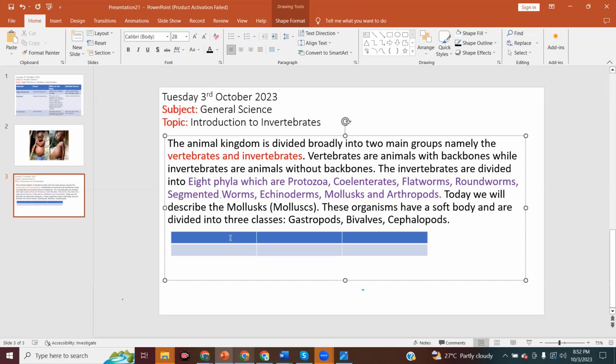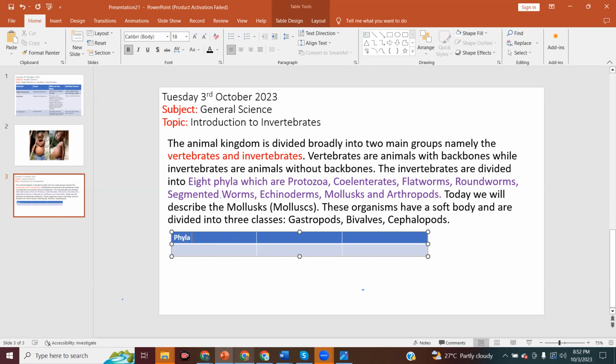So let's talk about it. So this is the phyla. This is the characteristics. And this is the examples.